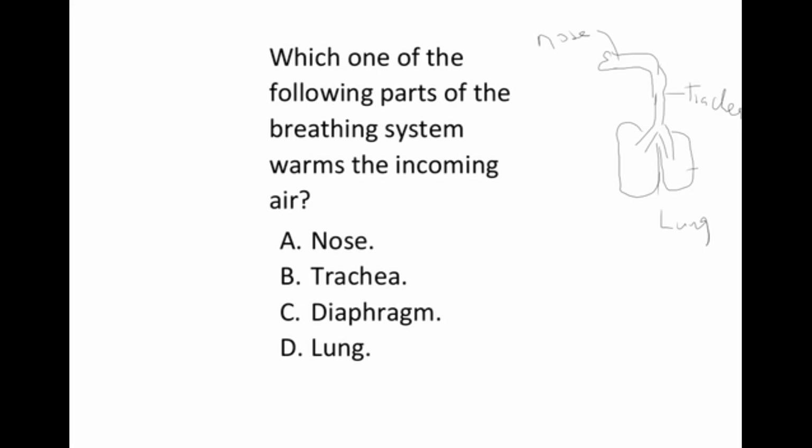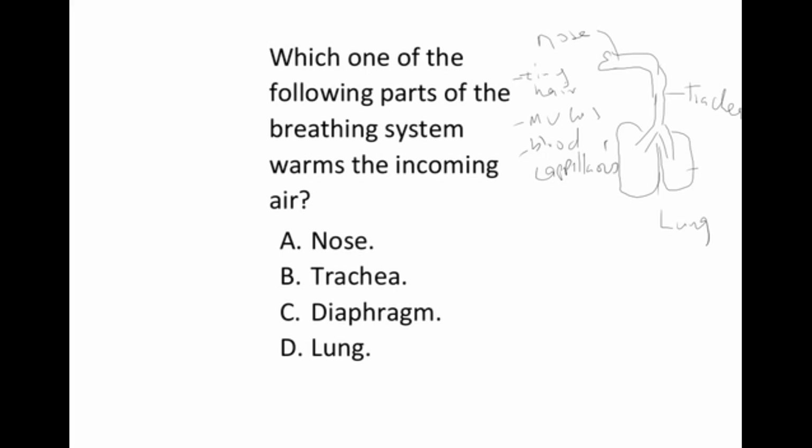So in the nose we have the tiny hairs, and also we have the mucus. Also blood capillaries are found there. So the tiny hairs trap the dust particles that are present in the air.